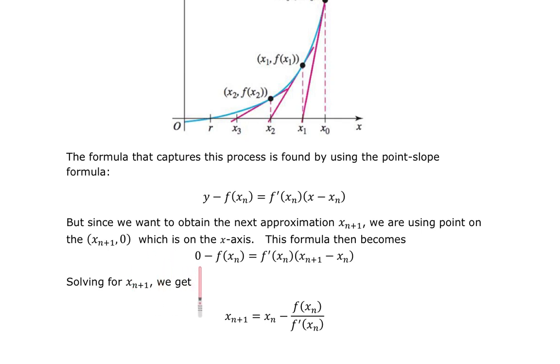So y must be 0, and we end up with 0 minus f of x sub n is equal to f prime of x sub n times x sub n plus 1, which is our goal, minus x sub n. Since this is our goal and we solve for it, we get x sub n plus 1 is equal to x sub n minus f of x sub n over f prime of x sub n.